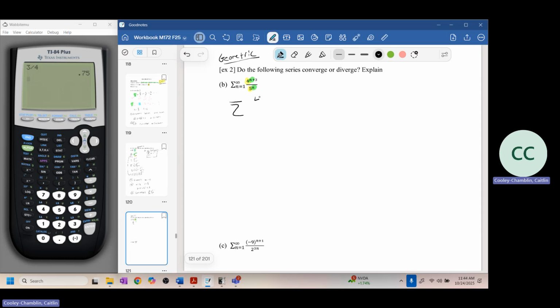So if I pull out a 4, I get 4 to the n plus 2. Another 4 gives me 4 to the n plus 1. Another 4 gives me n. Another 4 gives me n minus 1, which is what I want. The 4 to the n minus 1.